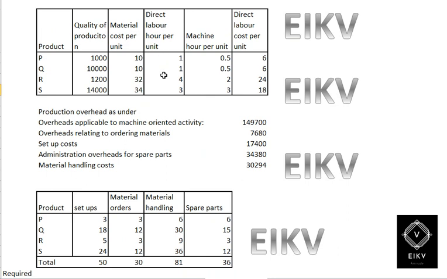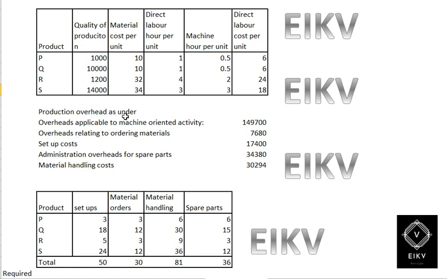Material cost per unit 10, 10, 32, 34. Labor hour per unit 1, 1, 4 and 3. Machine hour per unit 0.5, 0.5, 2 and 3. Then we have direct labor cost per unit 6, 6, 24 and 18.